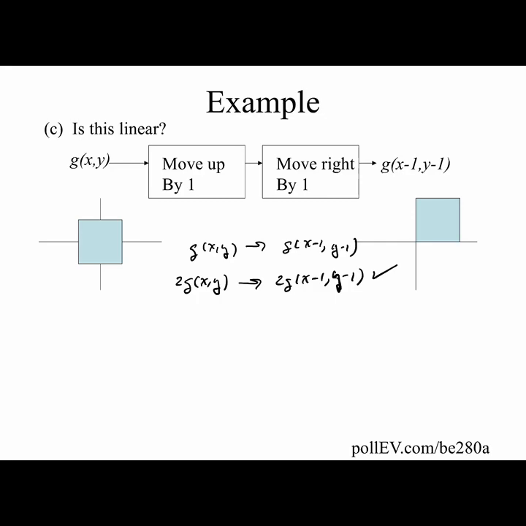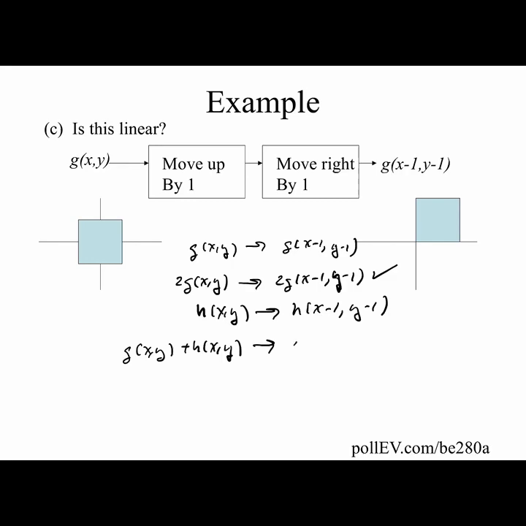Let's say I have another function h of x y, and it gives me h of x minus 1, y minus 1. Now let's say I come in with g of x y plus h of x y. What's the outcome going to be? It's going to just take that thing and move it up by 1 and right by 1.